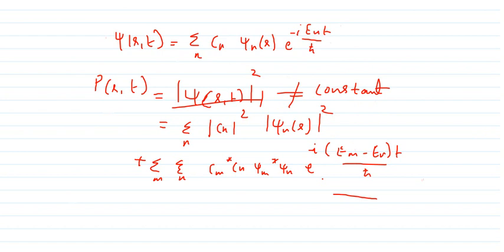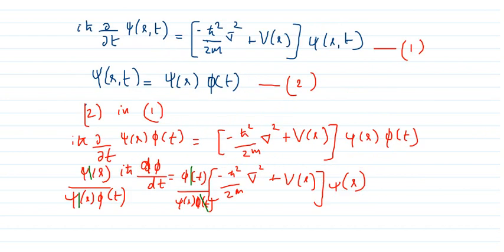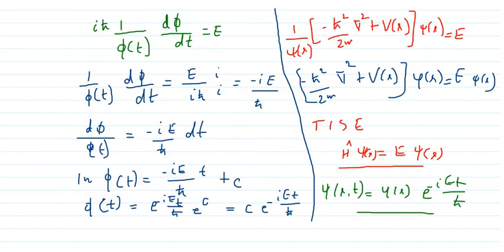So when it is asked in the examination, you have to begin with the time dependent Schrodinger equation, use the variable separable form, then apply it and formulate the left hand side and right hand side equating to a constant. Then analyzing the left hand side, you will have the value of phi of t, and analyzing the right hand side, you will have the time independent Schrodinger equation.